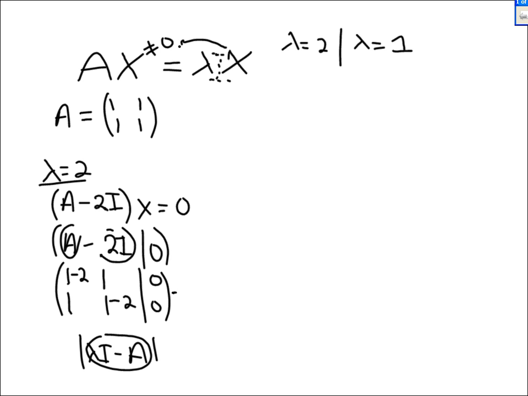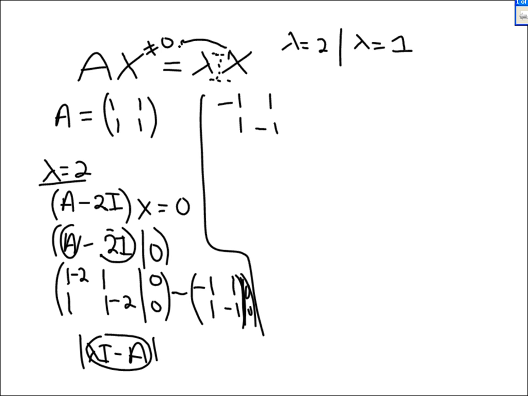Which happens to give me negative 1, 1, 1, negative 1. And let me solve that up here. Sorry. Augmented with 0. Okay. So we have negative 1, 1, 1, negative 1, all zeros.